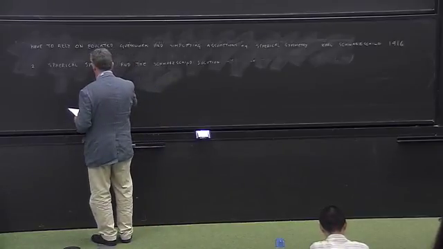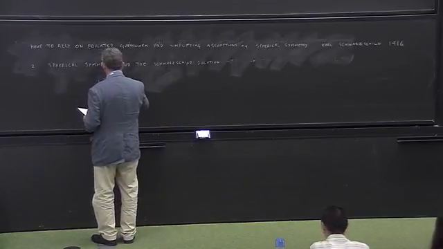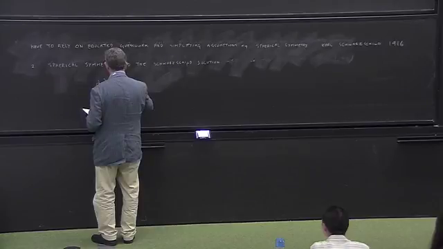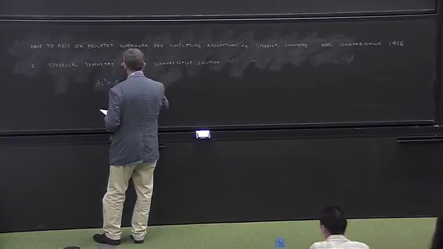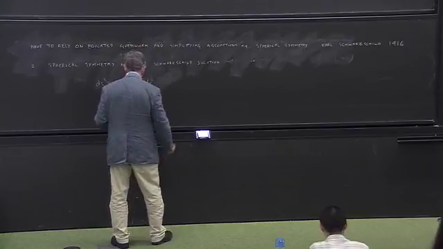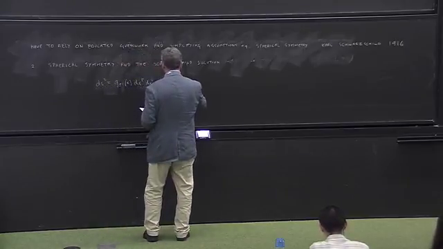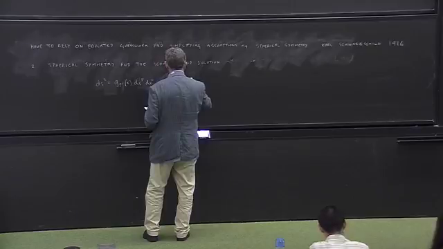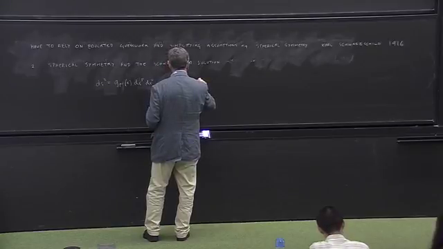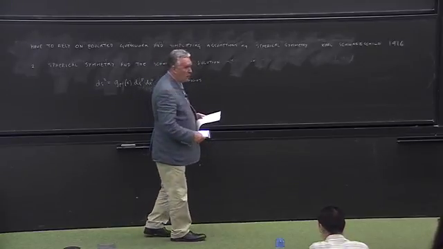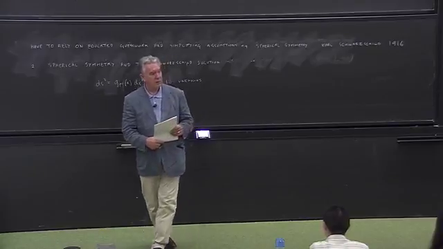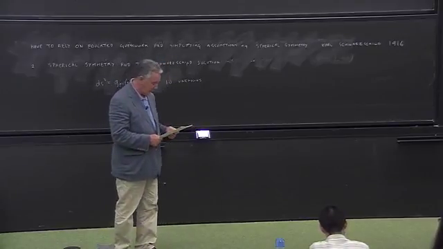So we start with ds squared is g mu nu of x, dx mu dx nu. There are 10 unknowns, only 6 of which are functionally independent.